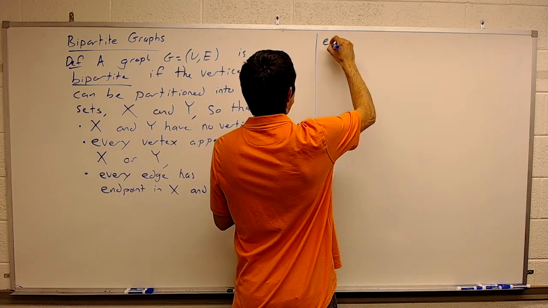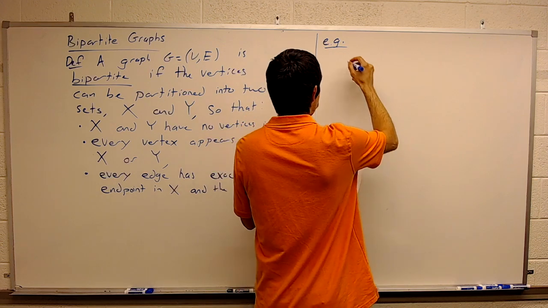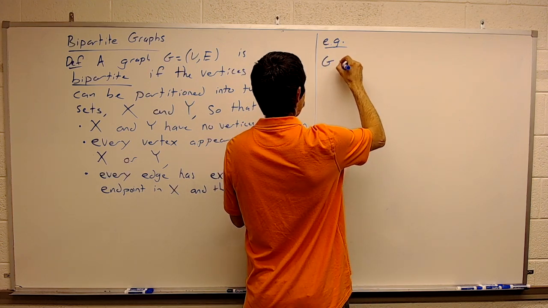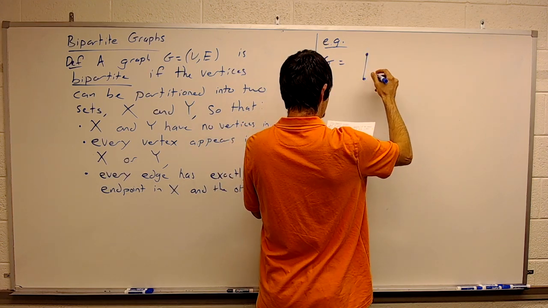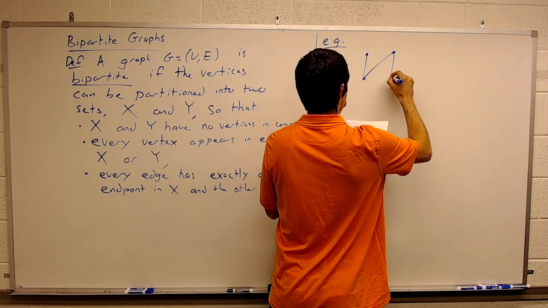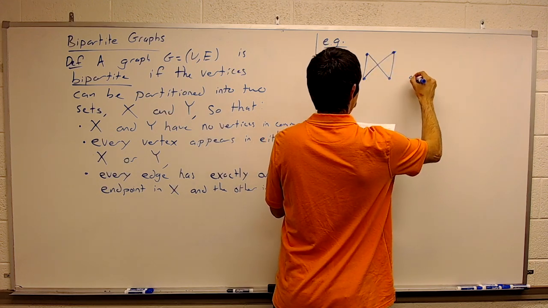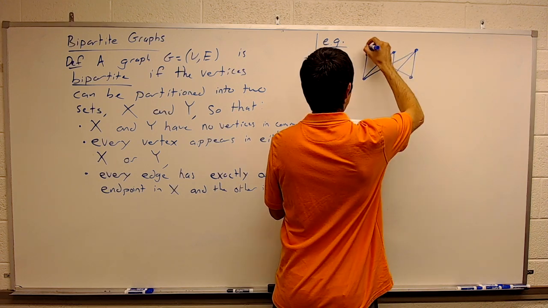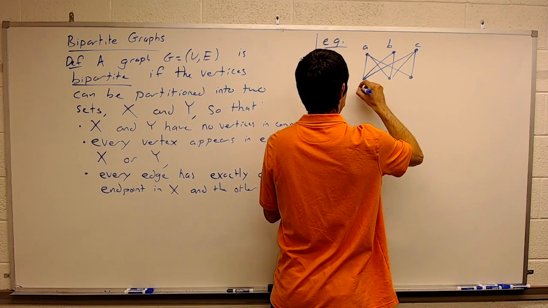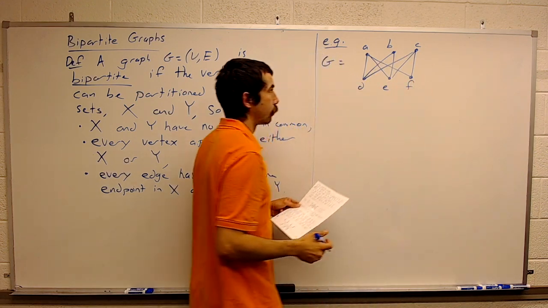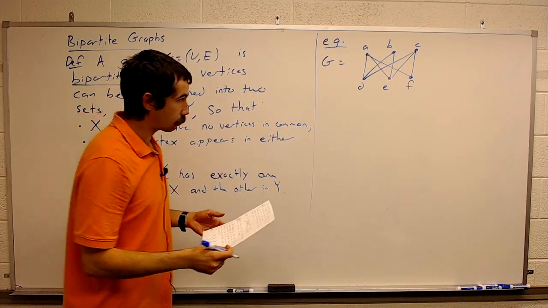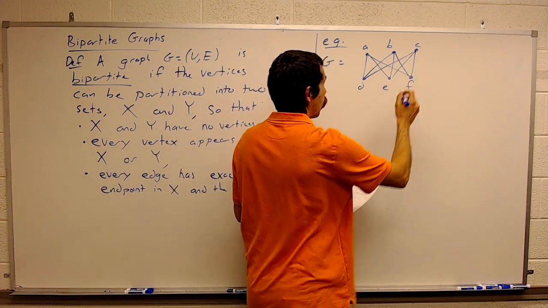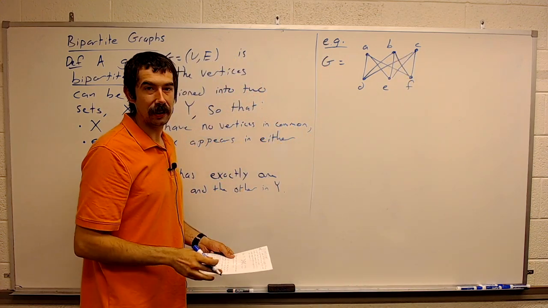So if we have the following graph, this graph here is a bipartite graph.